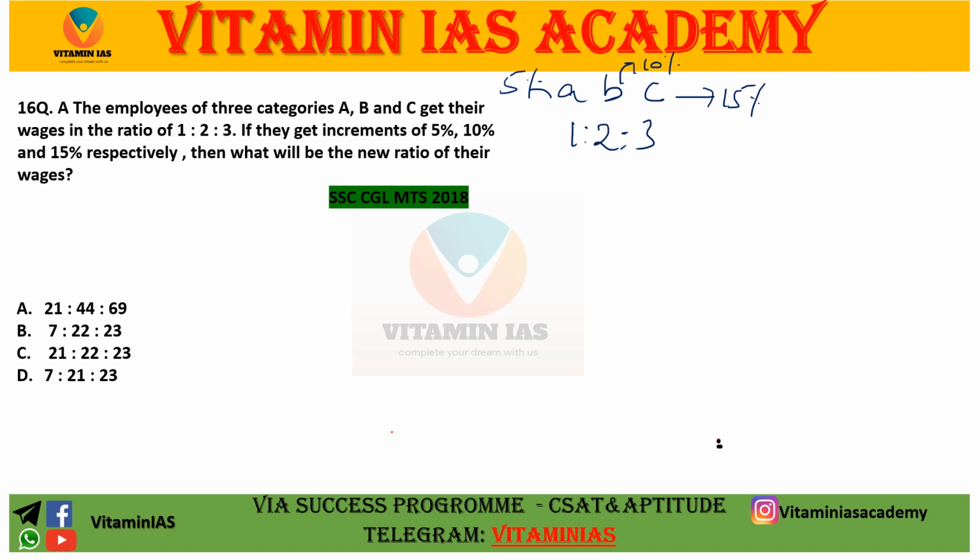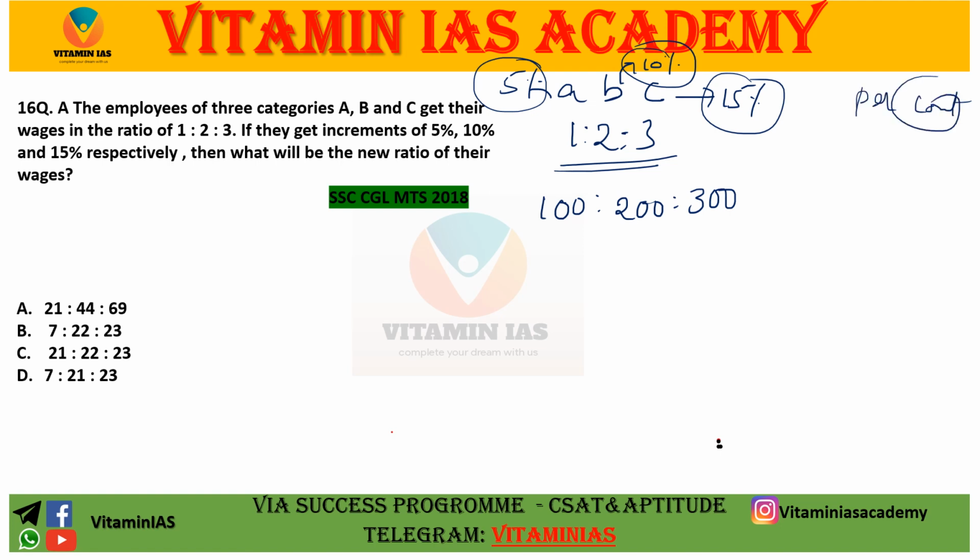Here 1, 2, 3, it is a ratio, which means we can take the numbers 100, 200 and 300. Then it will be really simple because percentages are given. Percent, I told you already, means per cent, 100 is the reference here. That's why we are taking 100 numericals. It is equivalent to the 1:2:3 ratio.